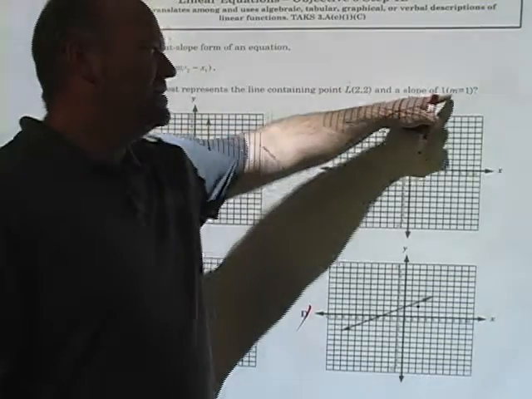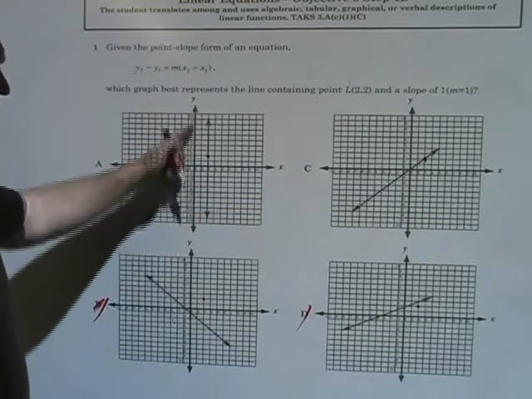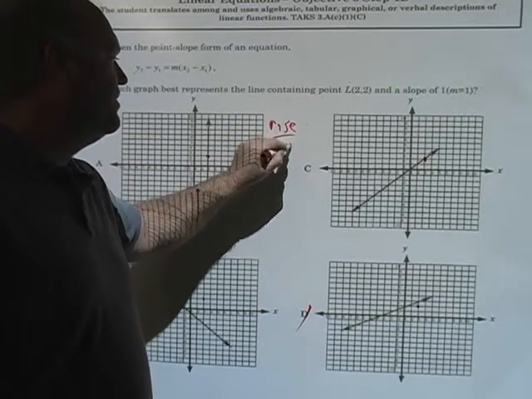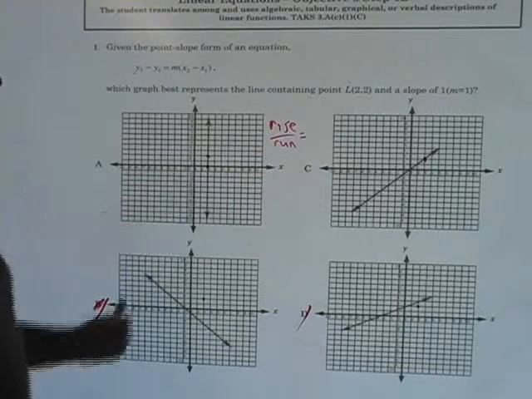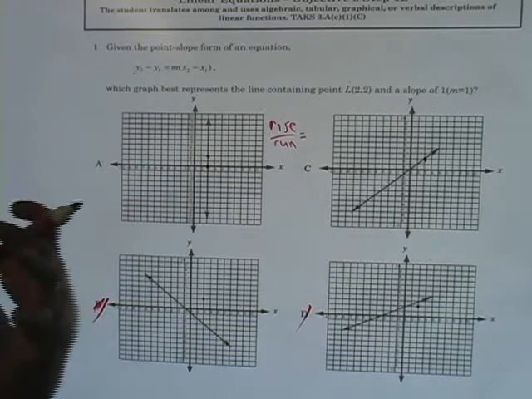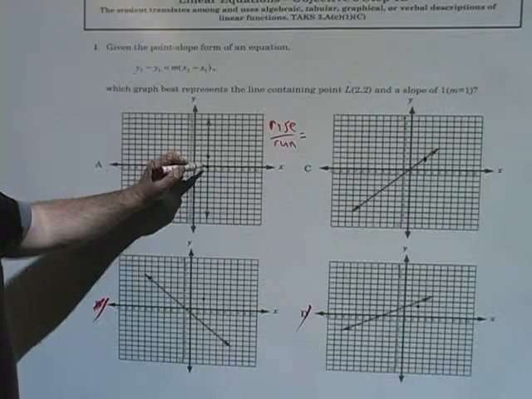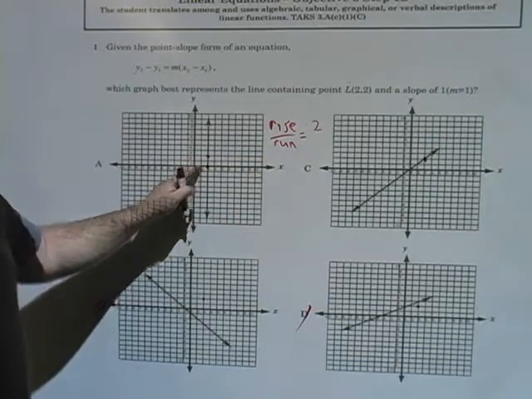We're also given that it has a slope of 1. Well, this slope, if you do rise over run for this line, pick 2 points. Vertical lines are special types of lines, because when you go to find the slope of a vertical line, you're going to do the rise over the run. Between these 2 points, you have a rise of 2.